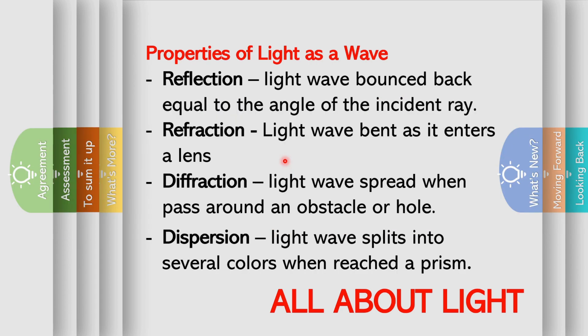Ibig sabihin, nahati niya yung white light into 7 different colors. Okay? Ito rin po talaga yung reason kung bakit tayo mayroong rainbow. Kasi tumatama yung sun or yung sunlight sa water molecules sa air, especially kapag umuulan. Then pagka tumama yung light doon, nahahati yung light into 7 colors and that causes the rainbow effect.